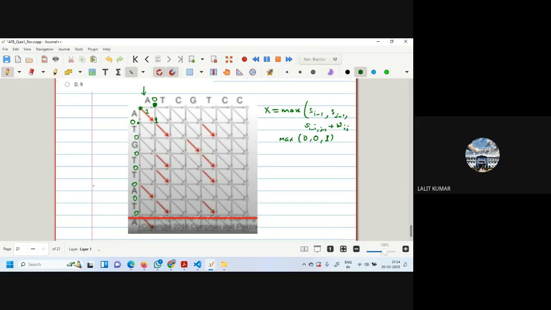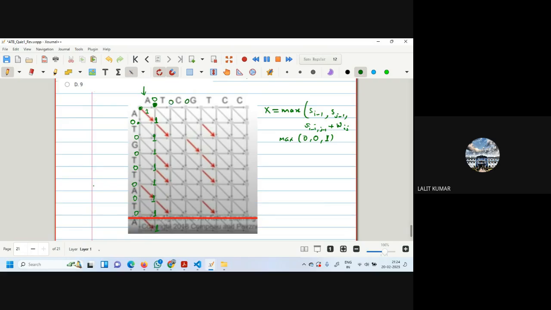Now, when you apply the same formula, you will get this one, this one, this one, this is 1. This will also become 1 because this is 1, max of 1, 0, and 1 is 1. Here it is 1, and here it is 1. Is it okay with all of you? This part? Yeah. Okay. Now see, when I come here, this is 0.